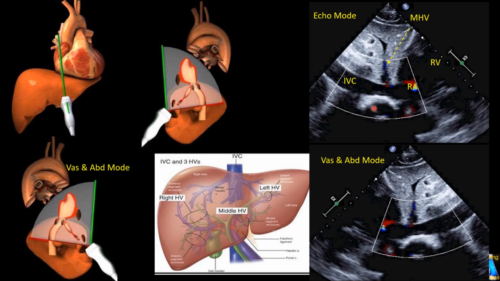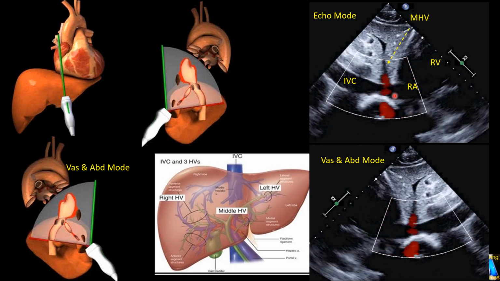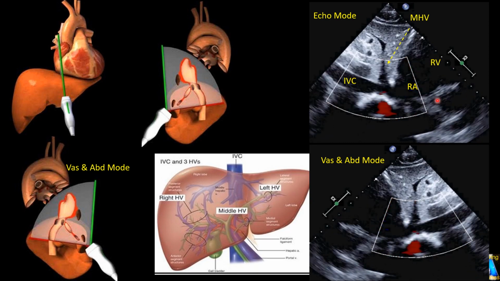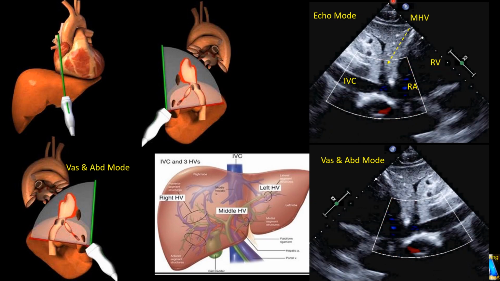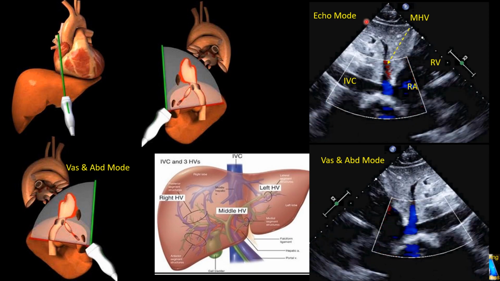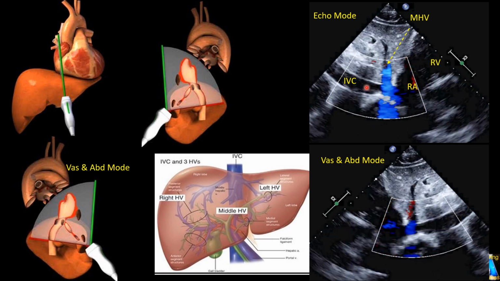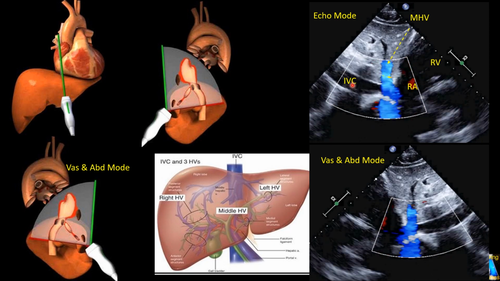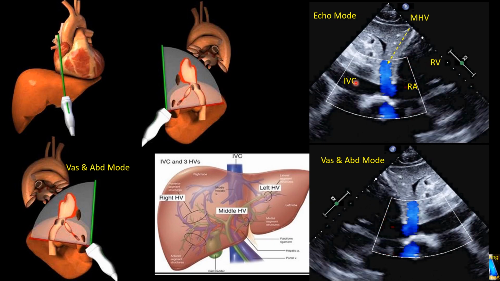When measuring the IVC, we have to make the IVC as horizontal as possible on the monitor. In other words, we want the sound beam direction to be perpendicular to both walls because we are going to increase axial resolution, and our measurement becomes more accurate and more sensitive.